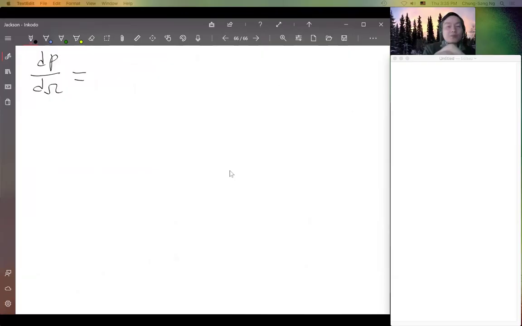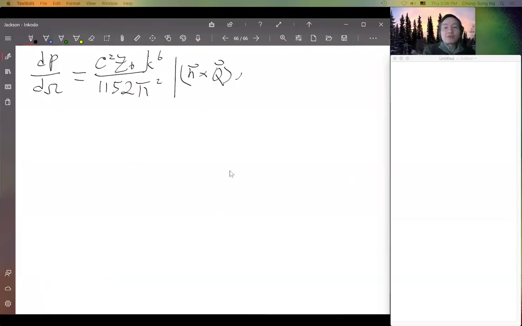which follows exactly the same procedure as the electric dipole term. So we have this c squared, and then this Z0 factor that Jackson always uses, and then you have k to the 6th power. All this is coming from the coefficients. If you get those coefficients correctly, then you get that, and then you have n cross Q absolute value squared.